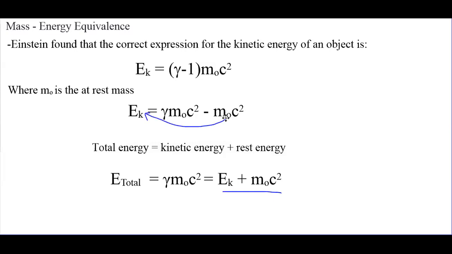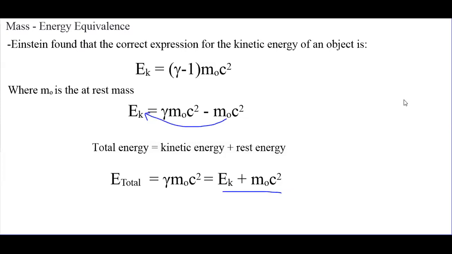Which technically means if you manipulate this equation and bring this rest energy over here, that gives you the addition of the energy for motion, which is your kinetic energy, with your energy that is at rest. And so therefore, this gamma factor times mc squared is considered to be the total energy that any mass can have, and that will be a sum of its rest energy and kinetic energy.